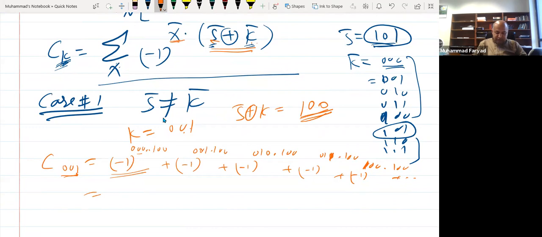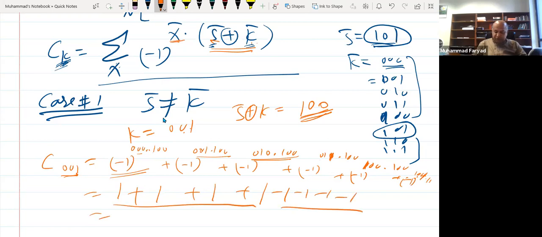So minus 1 power 0 is plus 1. 001 dot 100 is all going to be 0, so this is plus 1. 010 dot 100 is 0, so again plus 1. 011 dot 100 is again 0, so this is plus 1. But 100 dot 100 is 1, so minus 1 power 1 is minus 1. And after this, 101 dot 100 gives again 1, another minus 1, another minus 1, another minus 1. So 4 plus 1 and 4 minus 1 will make it 0.